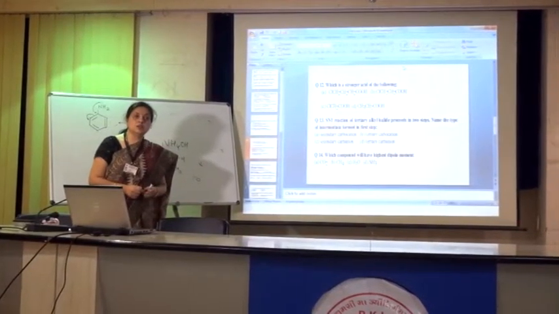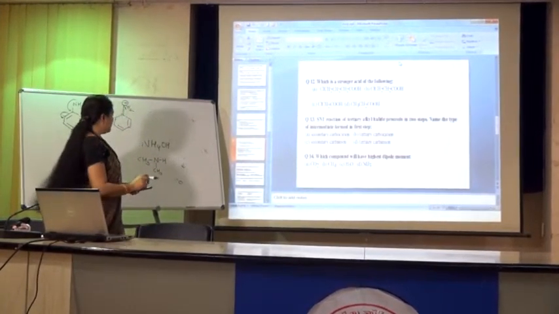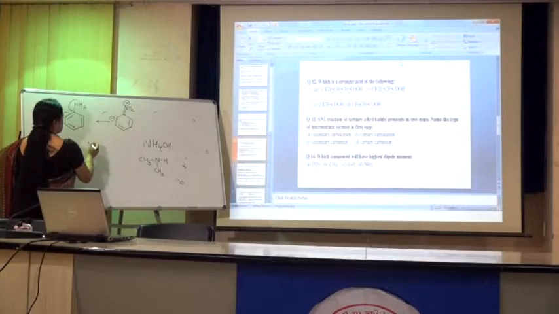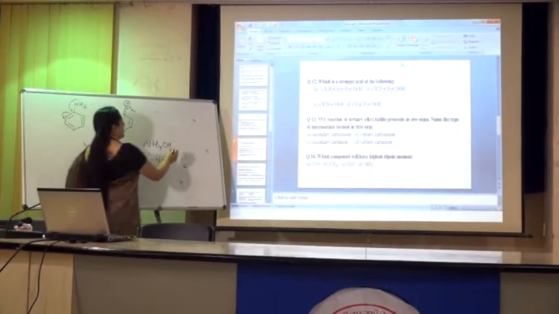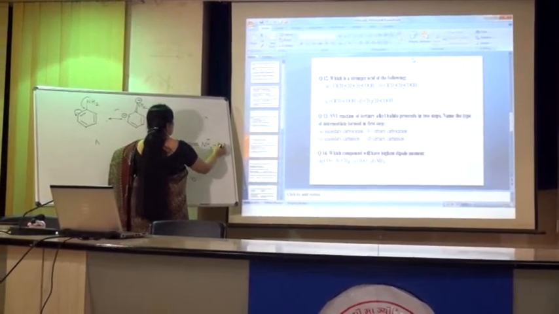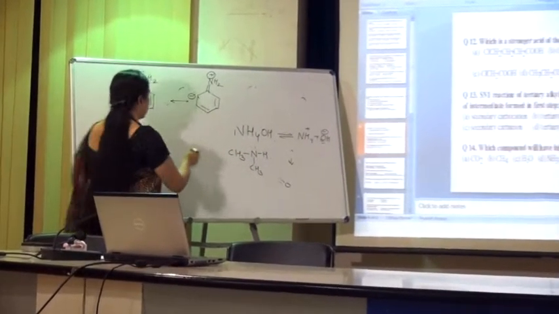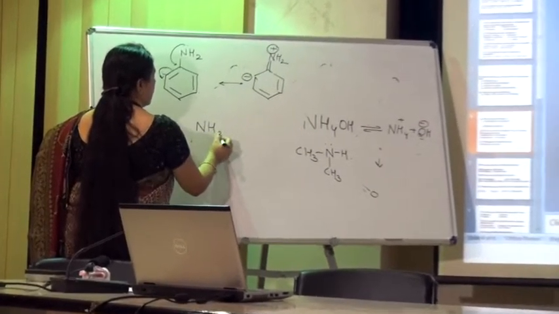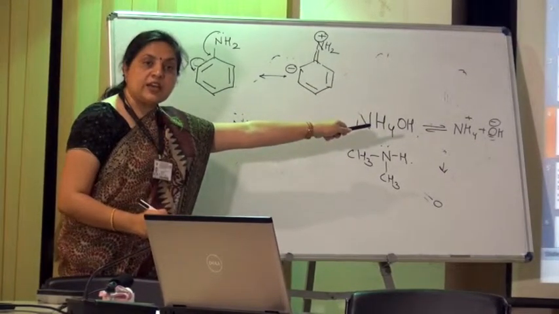Ammonia. No, what happens is, see, in this case ammonium hydroxide is given, which ionizes into NH4+ and OH-. So if you see the dissociation constant, this will ionize and then only it will act as a base.